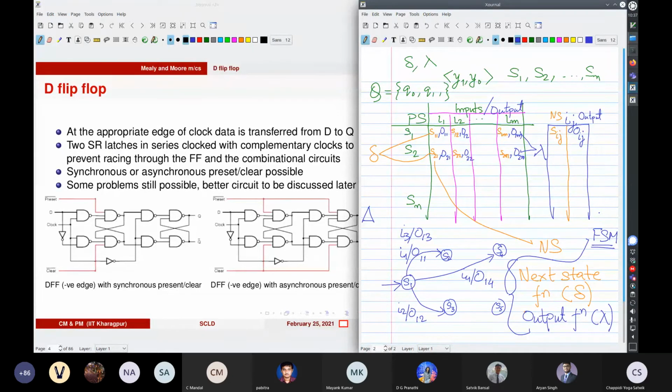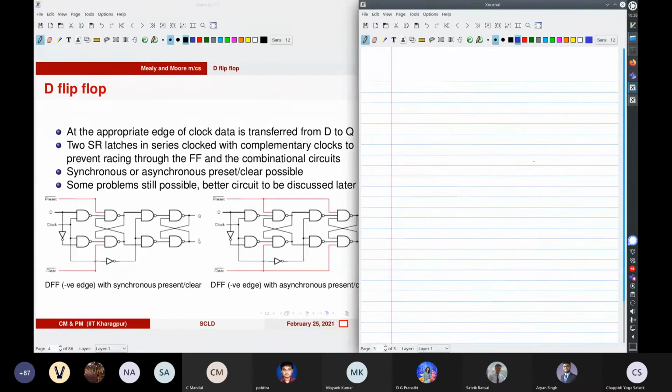That you could visualize as follows. How could you consider your present state? Think of your present state: as you have seen, you have a number of state variables.